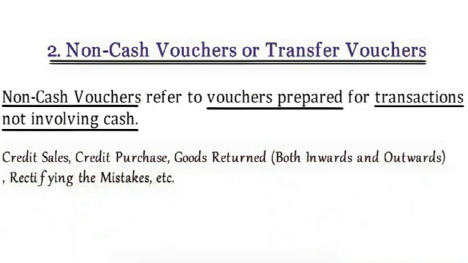Or when sales returns are there, you sell something and then the goods are returned to you, you are not receiving cash. Rectifying the mistake, in that case you are not receiving cash. So rectifying the mistakes, etc. In these transactions we prepare non-cash vouchers.